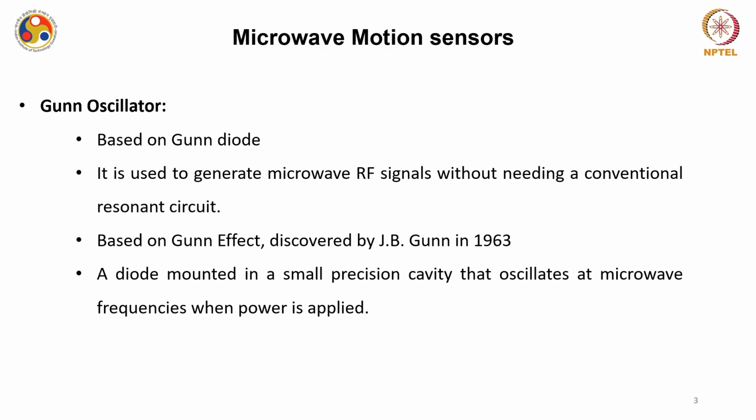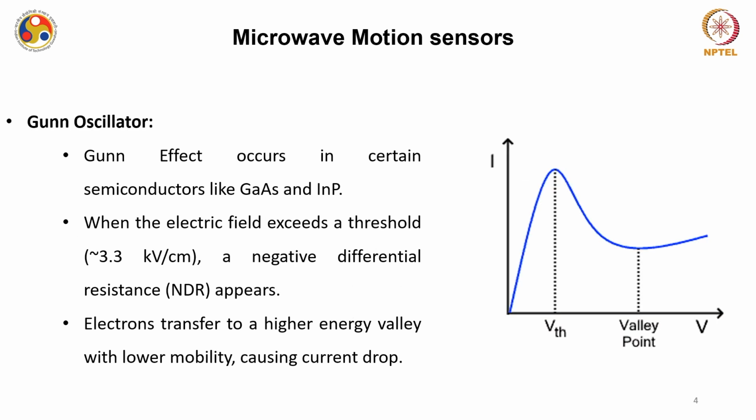It is based on the Gunn effect, discovered by J.B. Gunn in 63. In the Gunn oscillator, a Gunn diode is mounted in a small precision cavity that oscillates at a microwave frequency when power is applied.